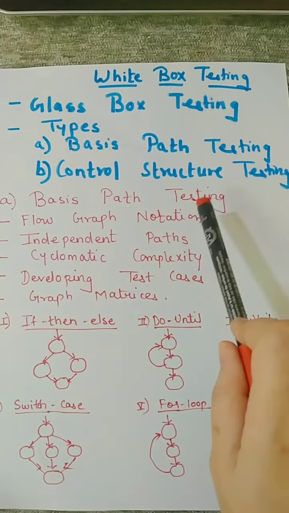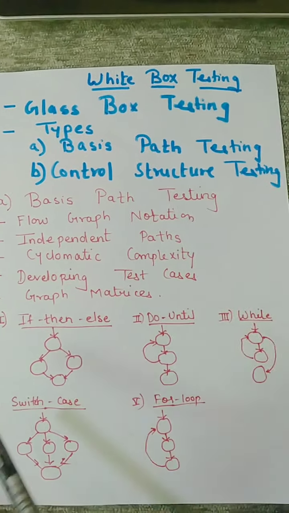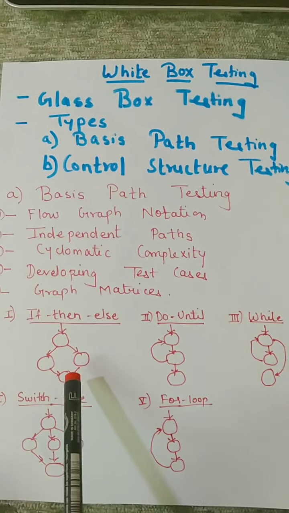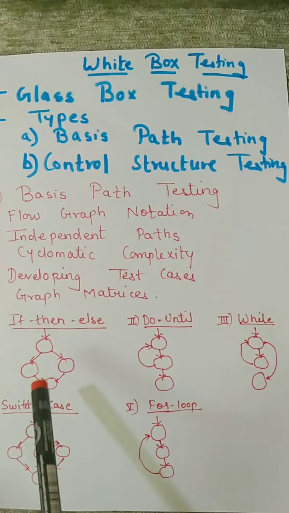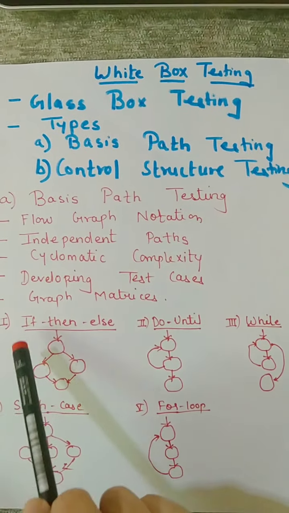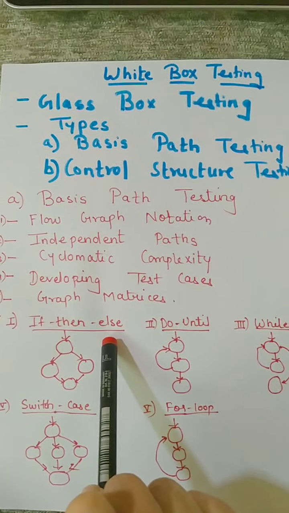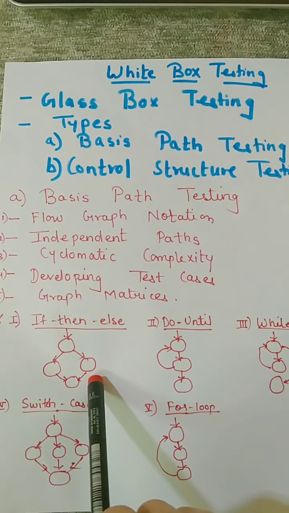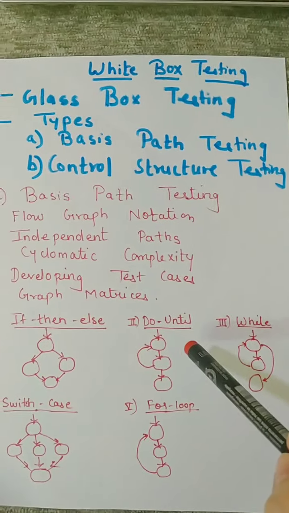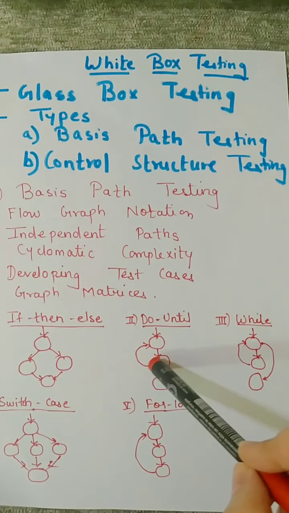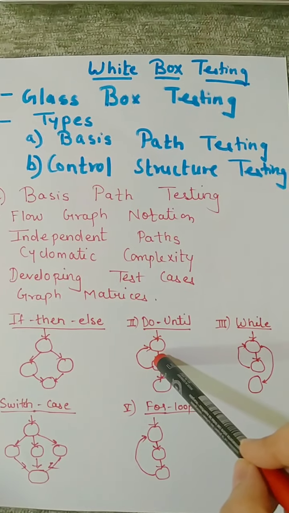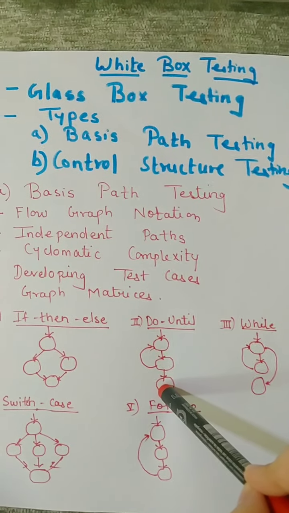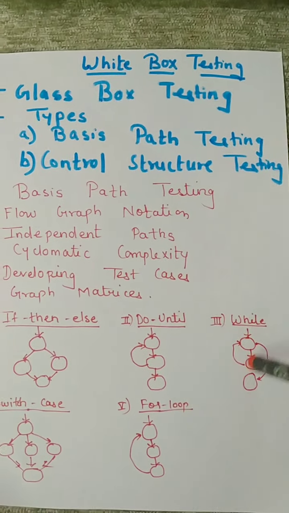To understand the first step, flow graph notation, we need to know the basic notations used in a flow graph. They are: first one, if then else statement. If particular node, then this, else this. Okay. Second is do until. Do particular node until this condition and move to next. Third is do while.